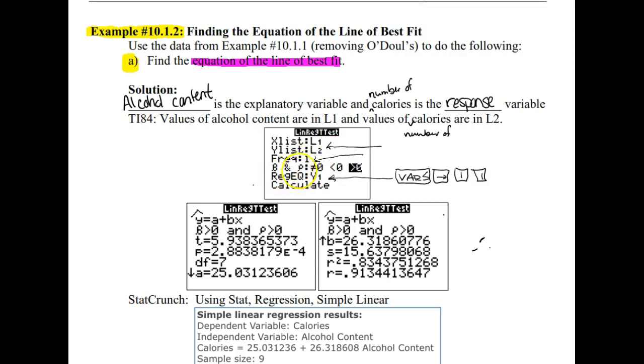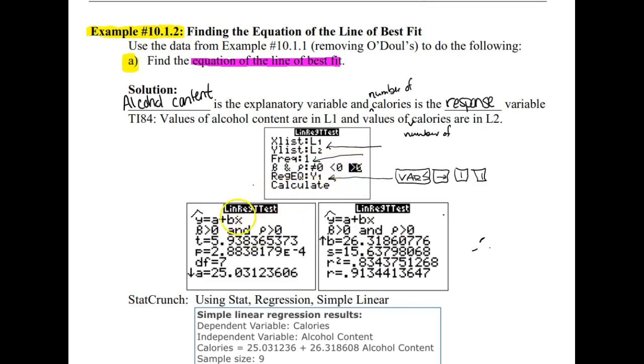This beta and rho here is for hypothesis testing later. Right now, what you have highlighted there doesn't matter. If you want everything, including the t-score and p-values, which we will talk about in 10.3, we're just going to ignore those for right now. Those are the only two values on this output screen that change depending on what is highlighted here, and they aren't the values we're after right now.